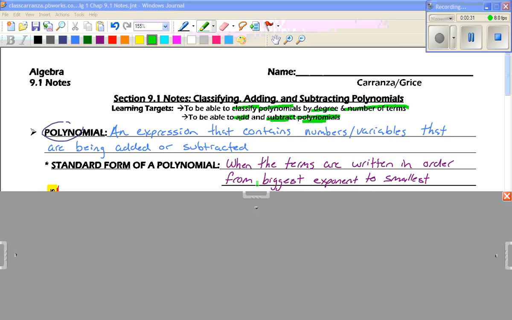Polynomial. Polynomial is something you've seen many times, and we've called it that before, you just might not remember it. Now, a polynomial is an expression that contains numbers and variables that are being added or subtracted. Standard form of a polynomial is when the terms are written in order from the biggest exponent to the smallest exponent.